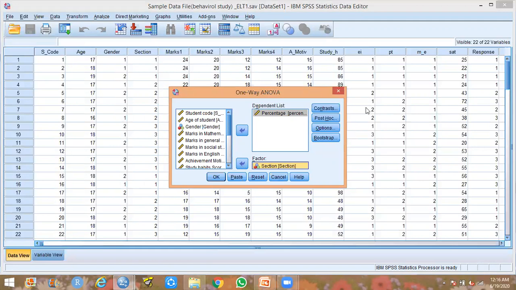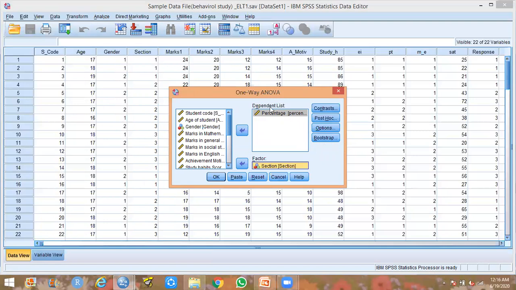Now you can test the analysis of variation in academic performance among three groups, three different sections, right?